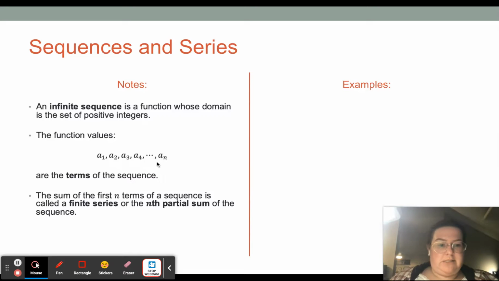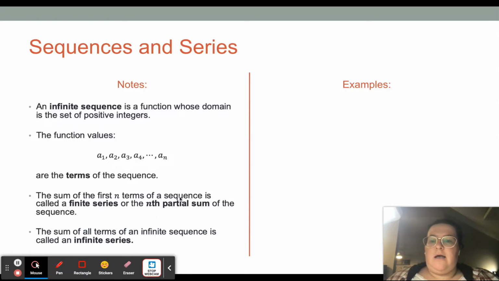Basically, a sequence is a list of numbers and a series is the sum of that. So a finite series is if you have just a partial sum of the sequence. The sum of all the terms of an infinite sequence is called an infinite series. So a sequence is a list, a series is a sum of a list.